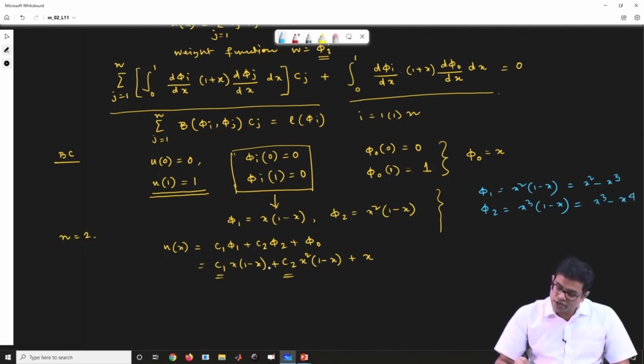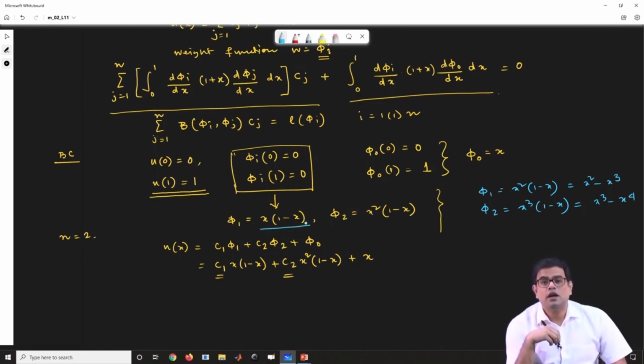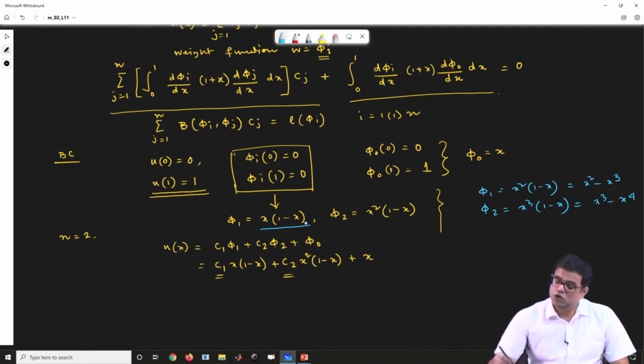So in my approximation there will be no linear term in x. So when I choose my φ1 as x into (1 minus x), I consider the linear term. So a choice of this type is not preferable because we are finding an approximating solution or approximate solution.